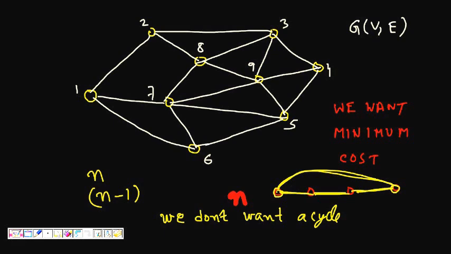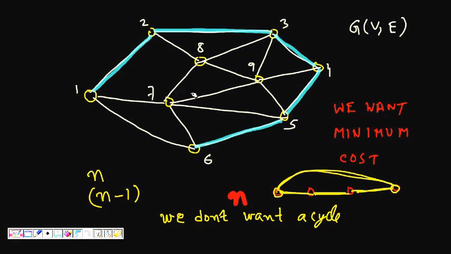So if we try something here, let's say I choose this one, then 2 to 3, 3 to 4 edge I select, then 4 to 5, 5 to 6. 6 to 1 I cannot select because it will make a cycle, and I can still travel from 6 to 1 and 1 to 6 via all these edges.